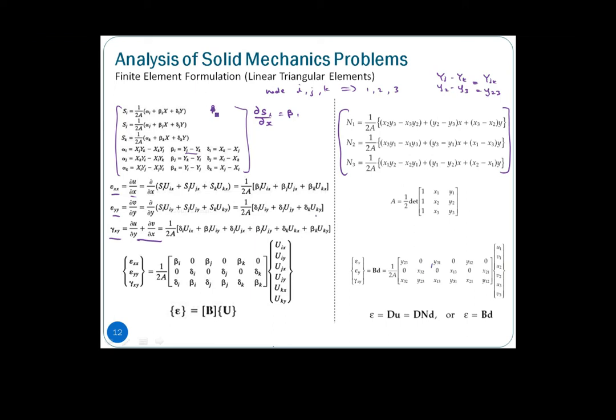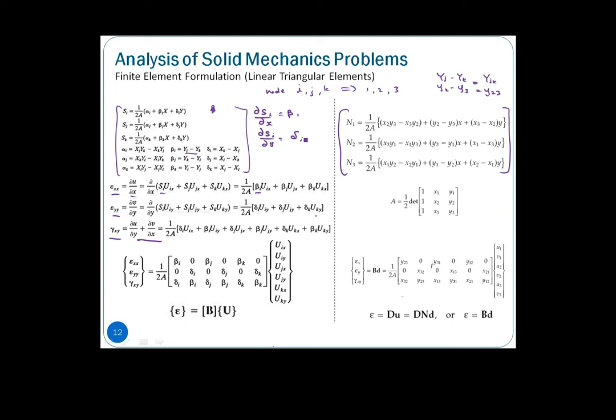Can you see that here? Basically, you are given the beta i here. If you have del s_i over del y, then you have this delta i.